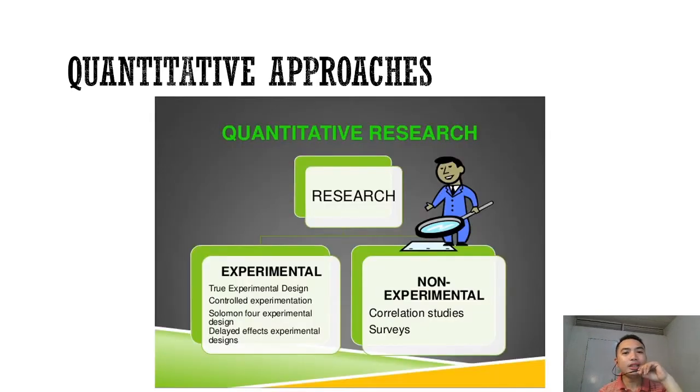Now we do understand that quantitative research is focused on numeric data. It's focused on structured research instruments, and in the data collection, the researcher doesn't really need to be involved entirely.